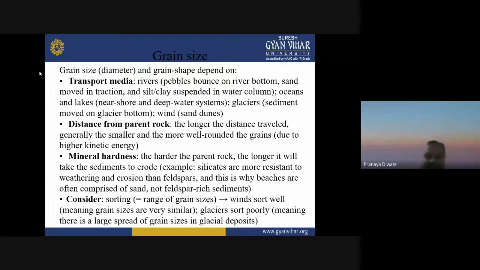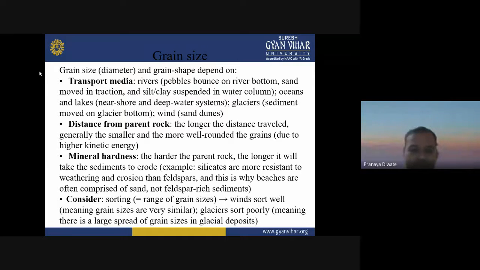But if your grain is coming from more than 2 kilometers, say 5 kilometers, your grain size may be different, meaning finer. So this is how the distance from the parent rock and the transporting media control the grain size.